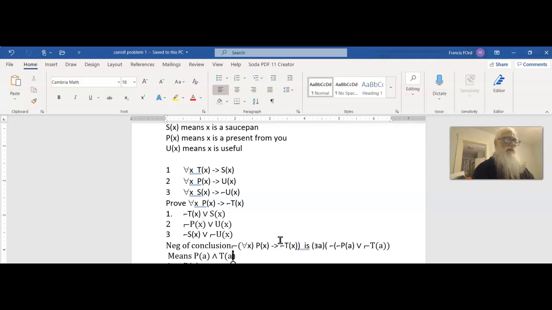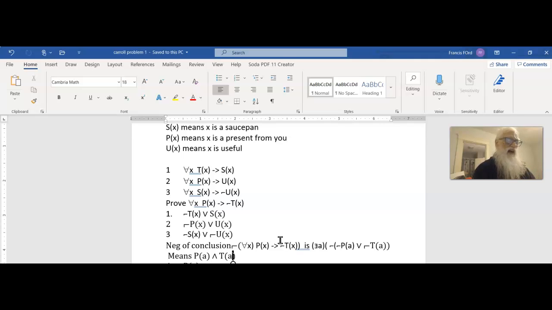So I put the not in front of the statement. PX implies not TX. I got rid of the implication by using not PA or not TA. You notice it's not universal, so I had to have just the name, A.